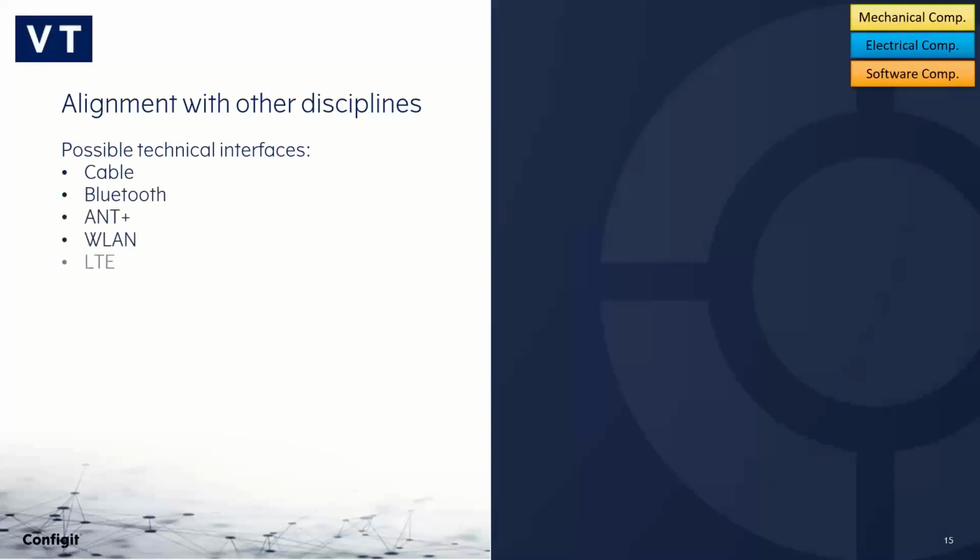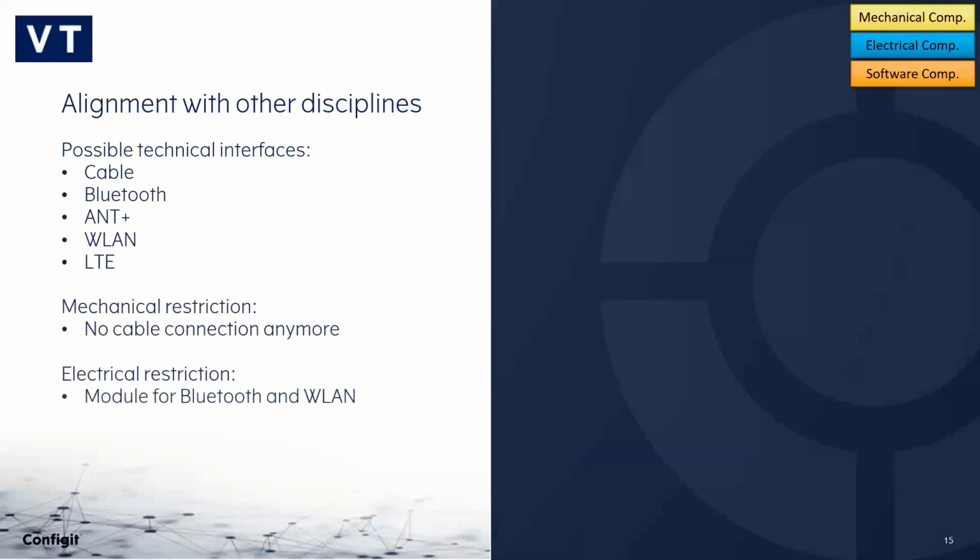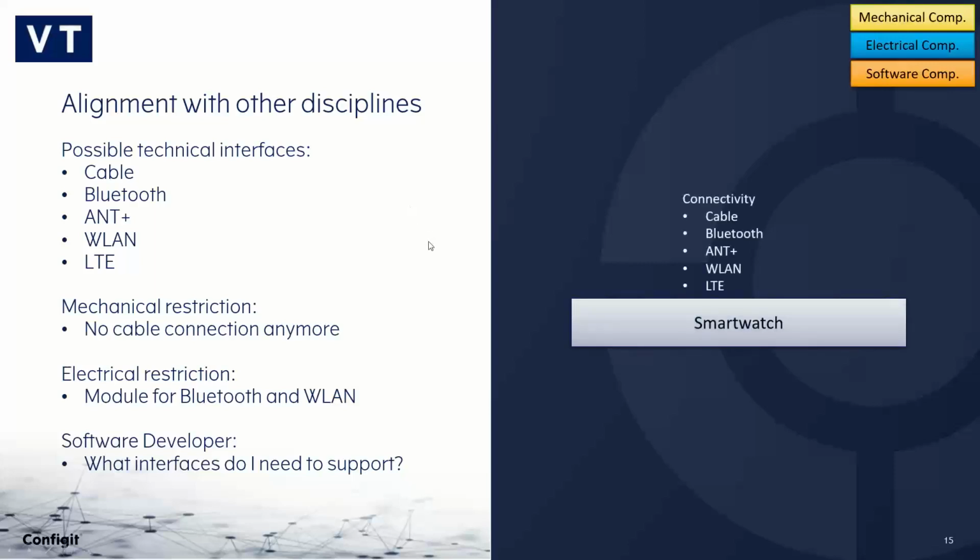But first, let's talk about the alignment of disciplines. As we said in the very beginning, when you develop your product, you already track all the restrictions, all the rules you find during development, in the modeling environment.